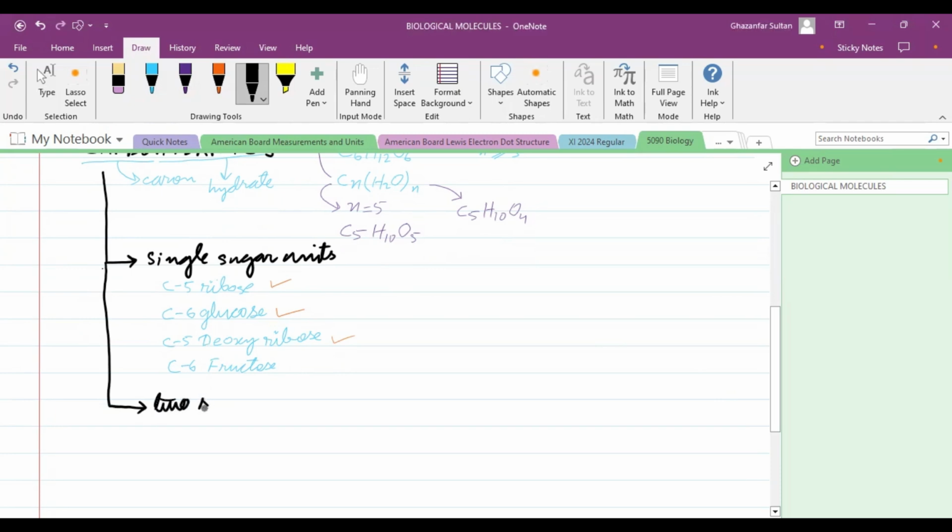Examples of two-sugar-unit carbohydrates are lactose. Where is lactose found? Do you know? Lactose is found in milk.